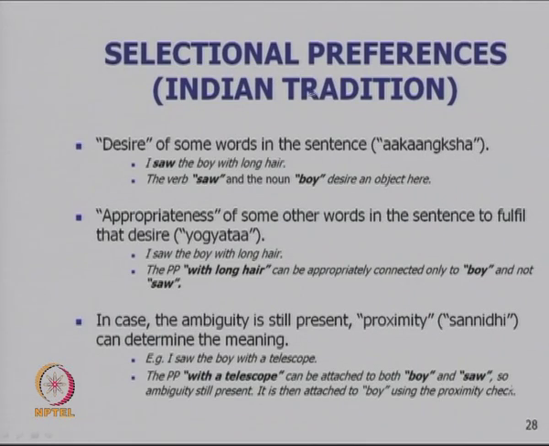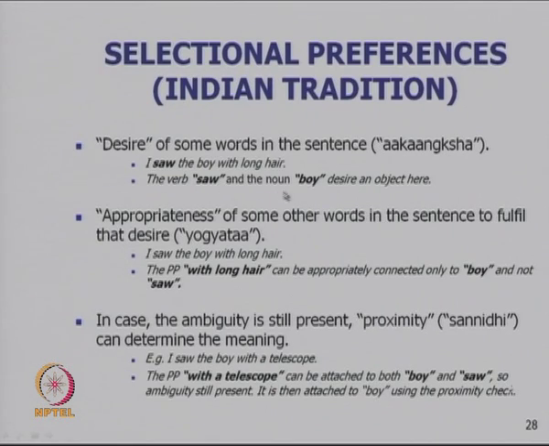Now, in Indian tradition, the selectional preferences have been used by means of the following concepts. There is this notion of akanksha, which means the desire of some words in the sentence. So, if you look at this sentence here, I saw the boy with long hair.